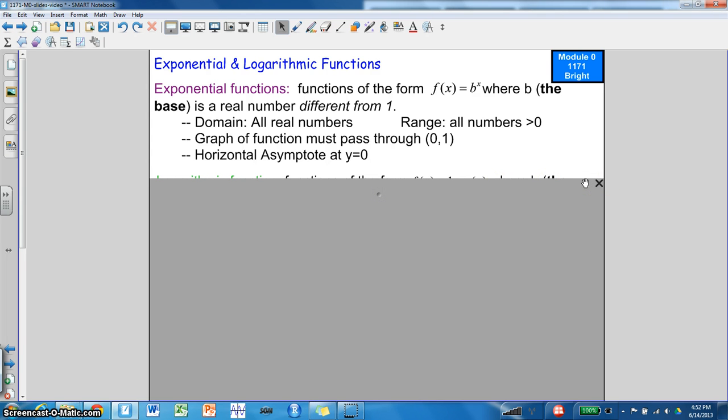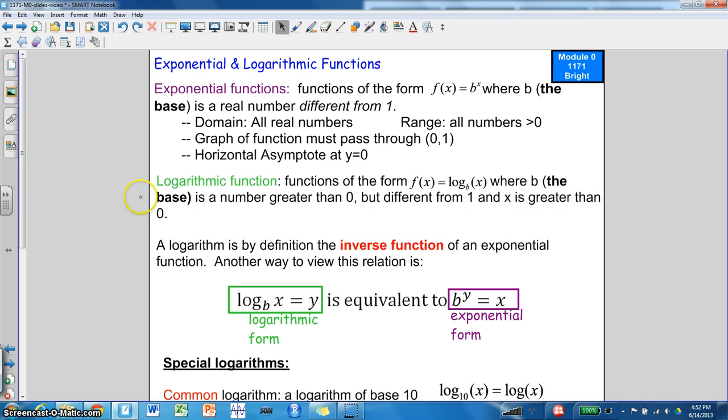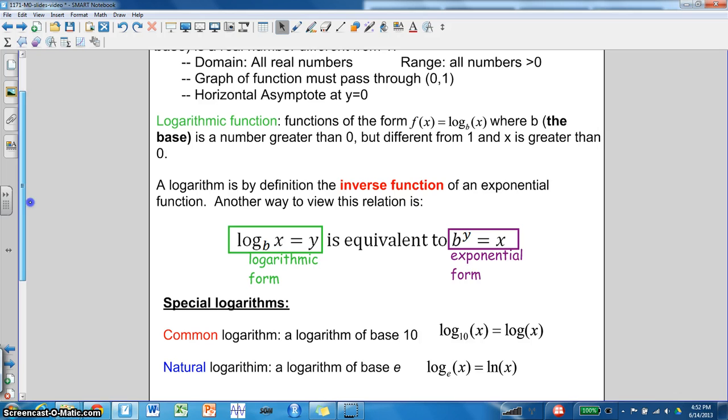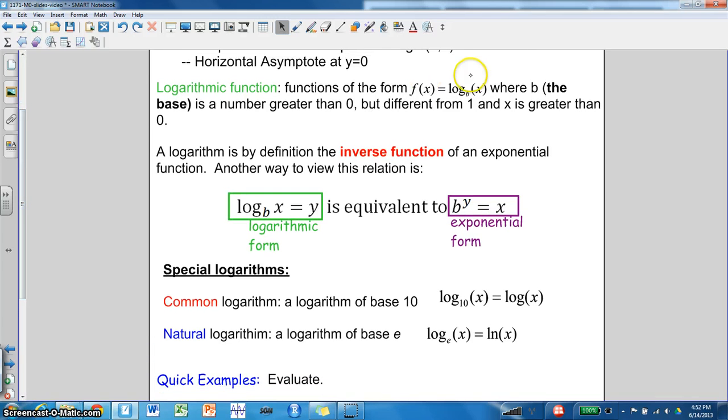Now, at the same time as we define exponential functions, we're going to define logarithmic functions because they do go hand in hand. Logarithmic functions are functions of the form log base b of x. b is called the base, again a number greater than 0 but different from 1.